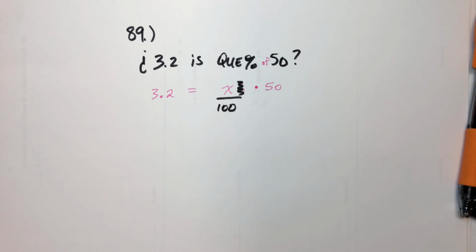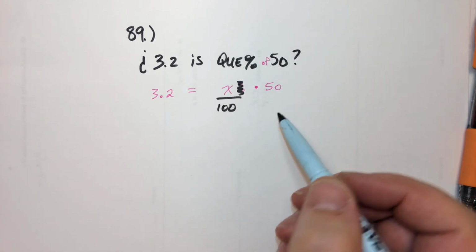You know what I would do? I would reduce. 50 and 100 right there, look. Half. 6.4 I think is the answer. Just looking at this, I think it's 6.4.